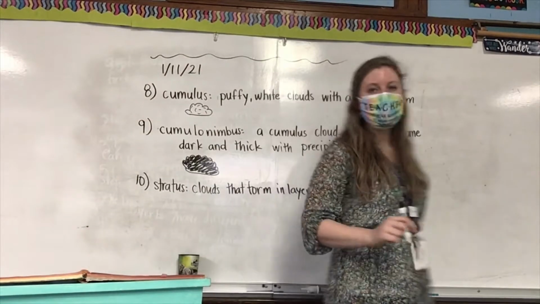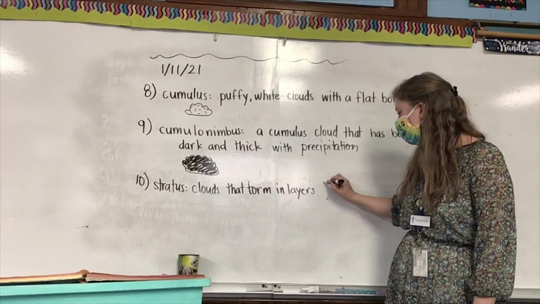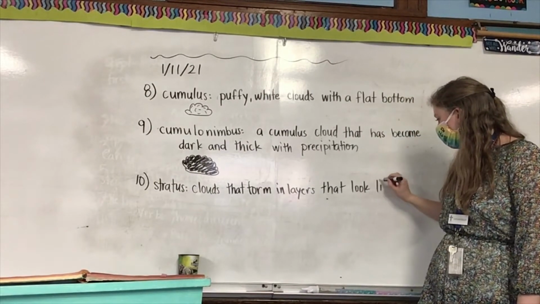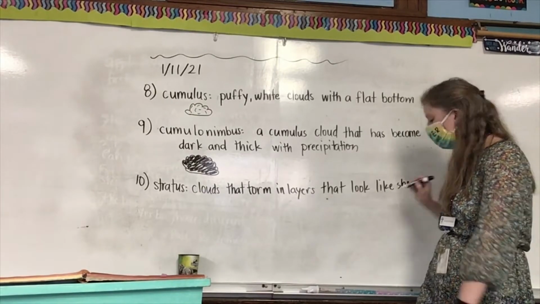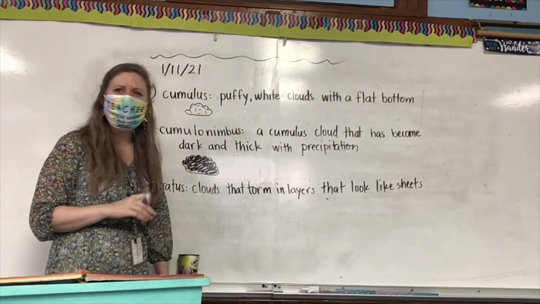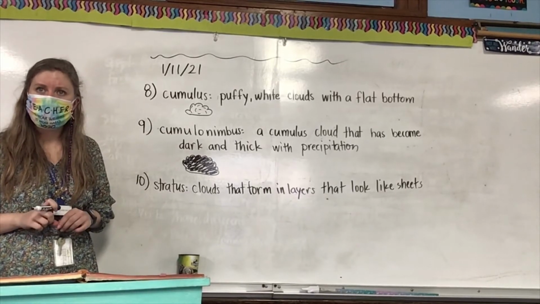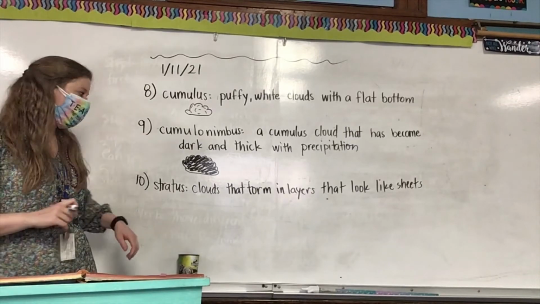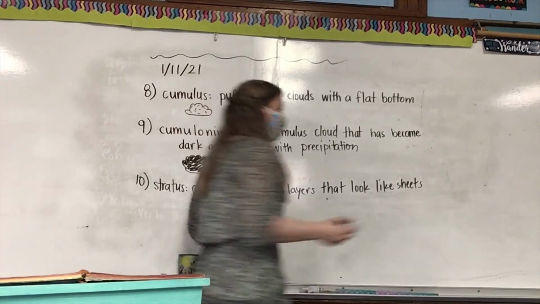The layers look like sheets or blankets. So they are clouds that form in layers that look like sheets. We'll just say sheets because we know sheets are a type of blanket, a thin blanket. What else is important to know about them? Stratus clouds are often the lowest clouds in the sky. So stratus are clouds that form in layers that look like sheets.